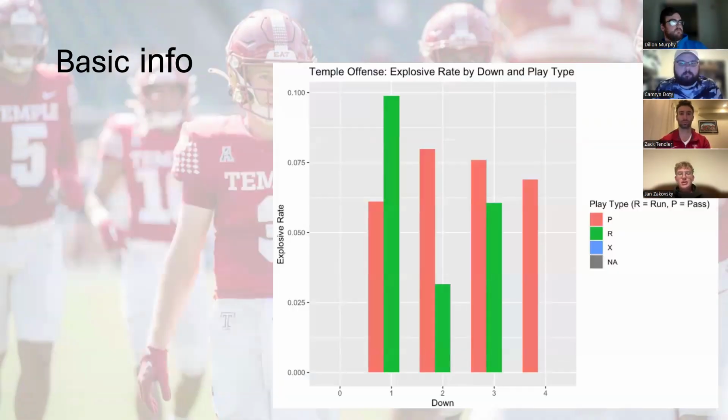And then we also looked a little more in depth into the explosive rate difference between passing and rushing, which we found out that, based on the data, it would be better to rush on first down and pass on second, third, and then fourth as well.